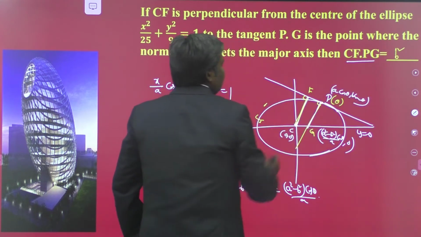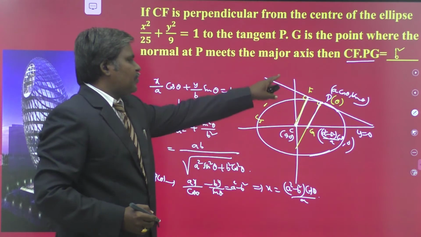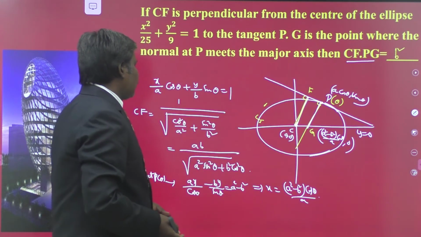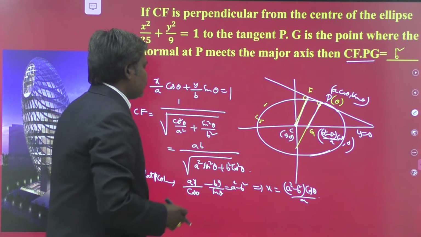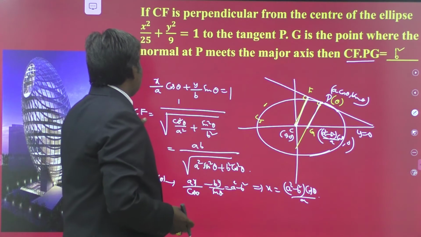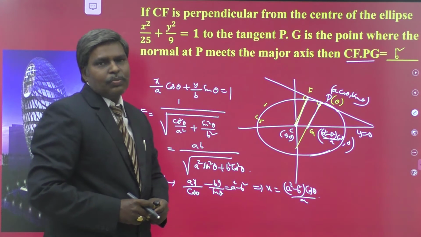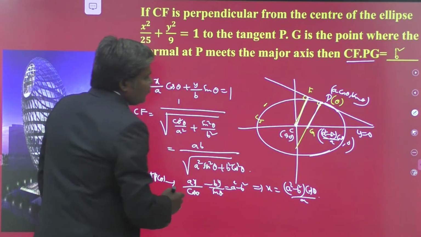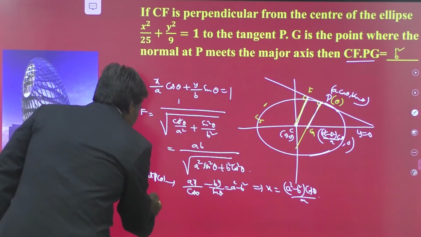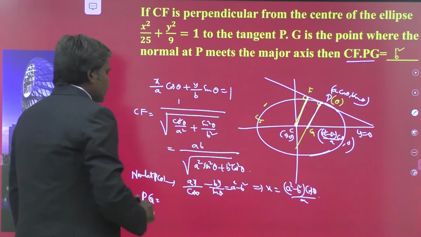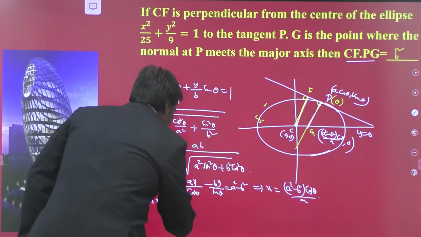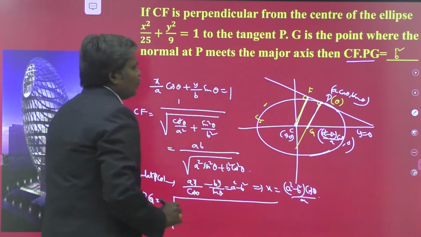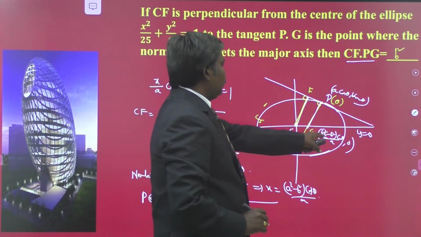Now we have 2 points. Can you find the distance between the 2 points or not? You can easily find the distance between the 2 points, and then CF into PG is equal to B square, you should get. Now what is the distance from P to G? PG is equal to the square root of, what is that?